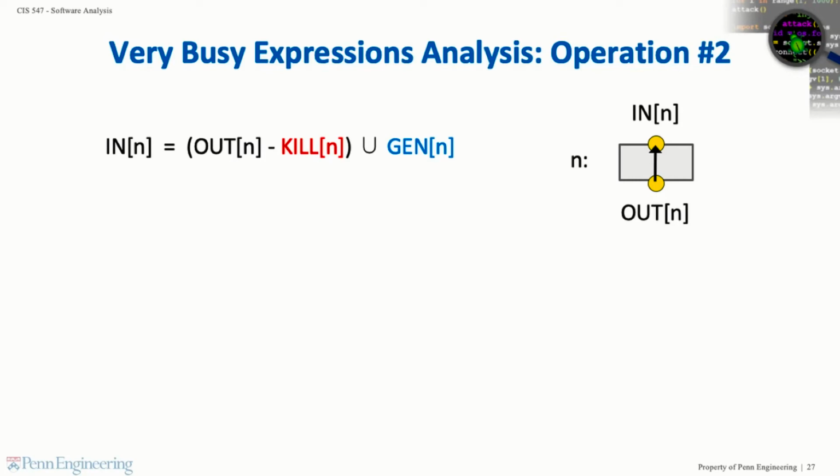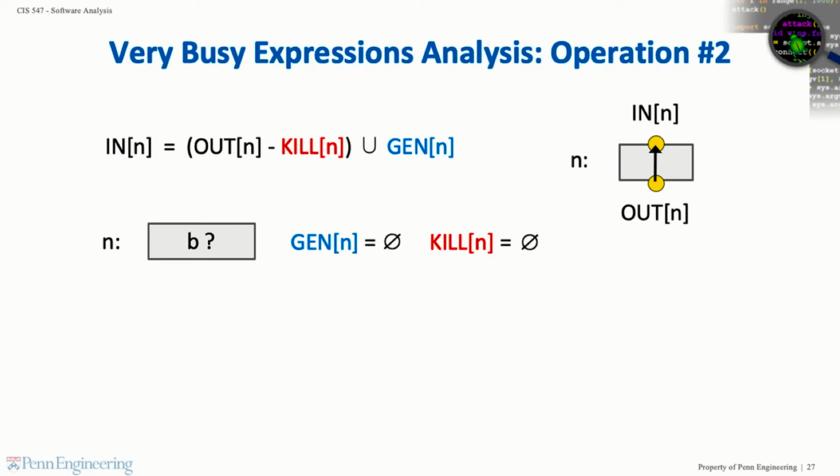Like before, we call these sets of expressions the kill set and the gen set. If the statement at node n is a conditional statement, then the kill set and gen set are empty, since nothing is modified or generated by the node.